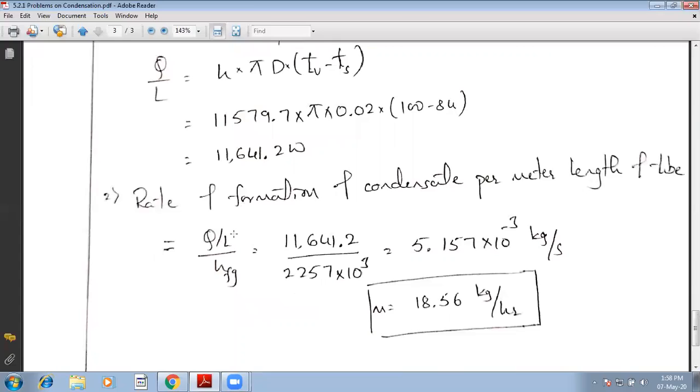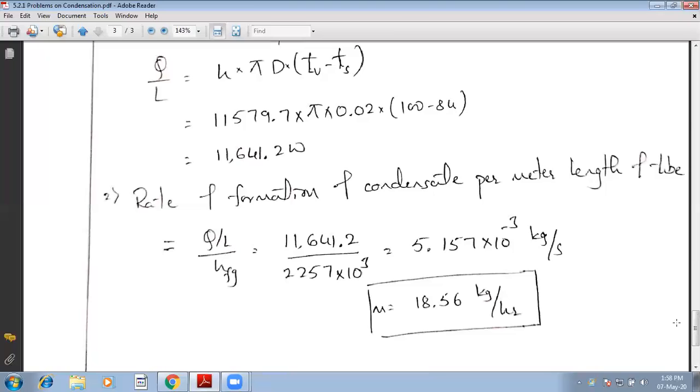If you calculate, you will have a value of 5.157 into 10 raised to minus 3 kg per second, or if you convert it into kg per hour, you need to multiply by 3600, in which case you will have the condensate as 18.56 kg per hour.